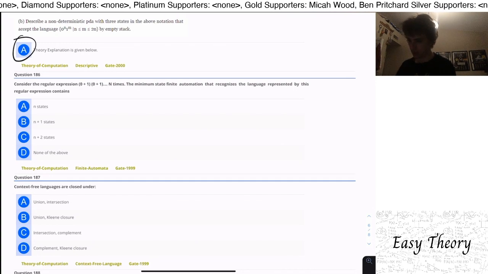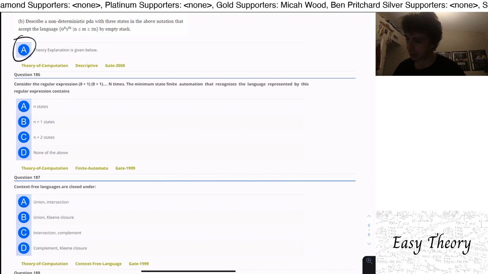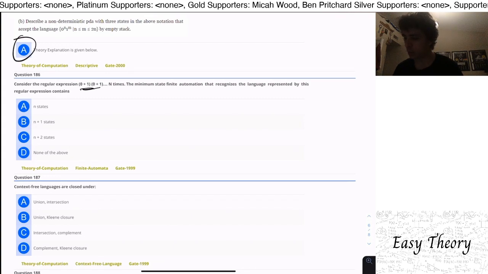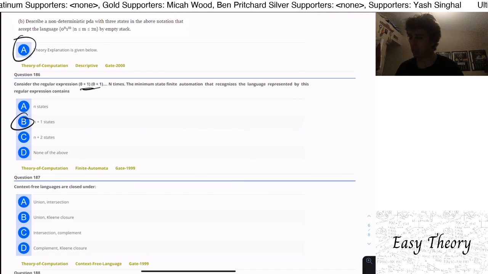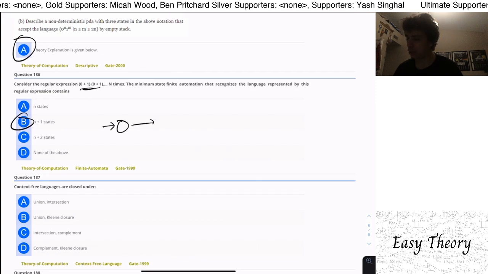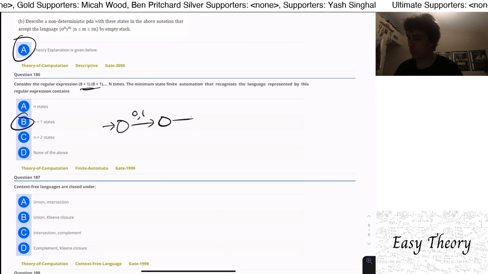All right, consider the regular expression (0 + 1) n times. The minimum finite state automaton recognized by this has n plus 1 states. The reason for this is that you can just do 0, 1, n times.